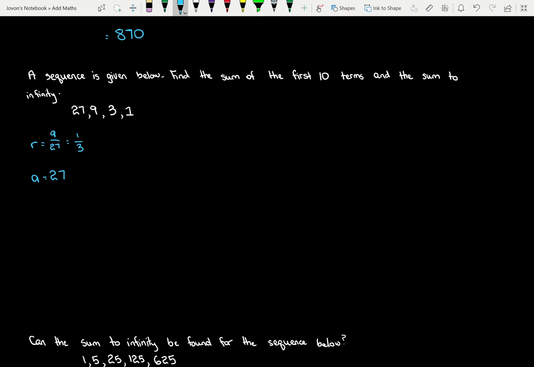So the sum of the first 10 terms, remember we learned an equation for this, it's A multiplied by 1 minus r to the power of n all over 1 minus r, which is equal to A is 27 multiplied by 1 minus r, in this case r is 1/3, to the power of n is 10, because we're going to find the sum of the first 10 terms, all over 1 minus 1/3.